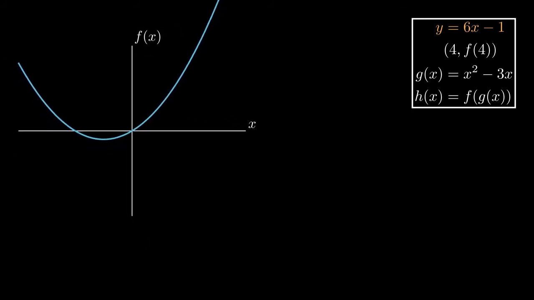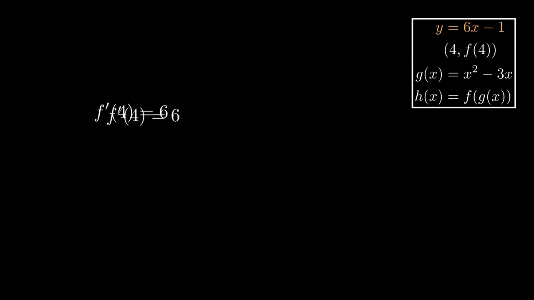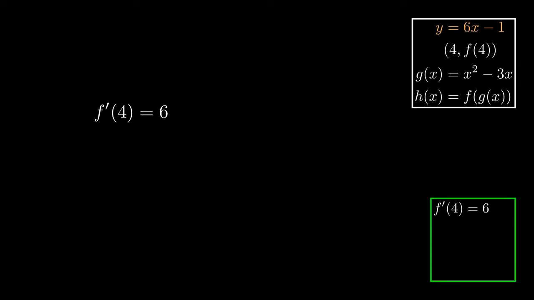So the first thing we want to do is find the value of the derivative at x equals 4. This is kind of just the definition. The value of the derivative at any point is the gradient of the tangent line.